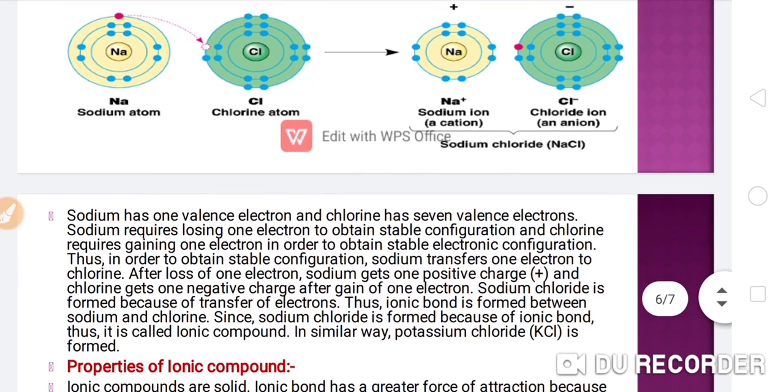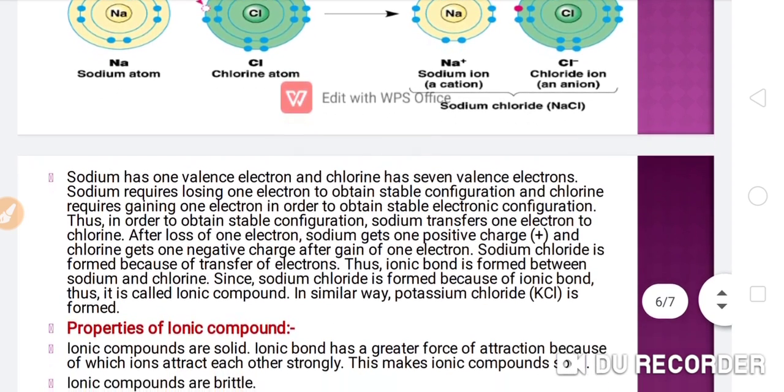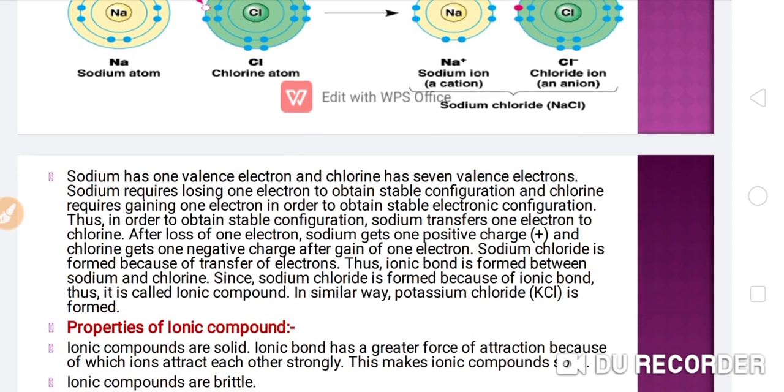Now, sodium has one valence electron and chlorine has 7 valence electrons. Sodium needs to lose 1 electron to obtain a stable configuration, and chlorine needs to gain 1 electron to obtain the stable electronic configuration. Thus, sodium transfers 1 electron to chlorine. After losing the 1 electron, sodium gets 1 positive charge.